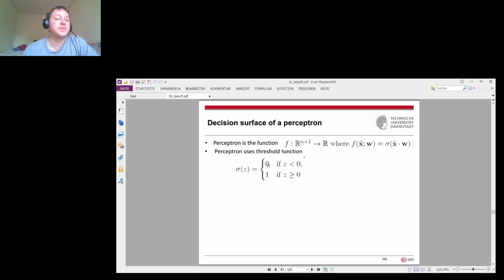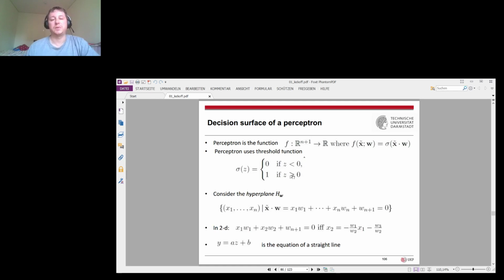The value 0 is taken on if the input argument is negative, and if the input argument is greater or equal than 0, then the value of the step function is 1. These two values can also be seen as two labels. So it gives a label of 0 or a label of 1, depending on whether the argument is smaller than 0 or greater or equal than 0.